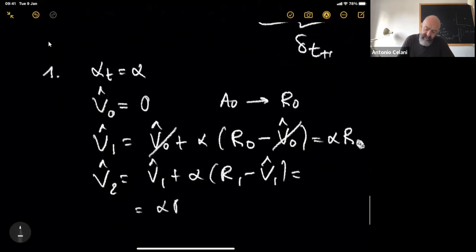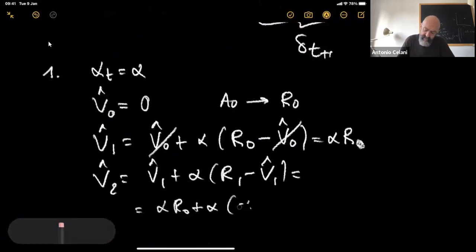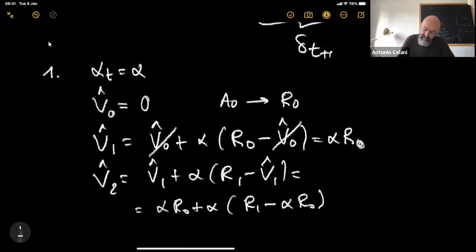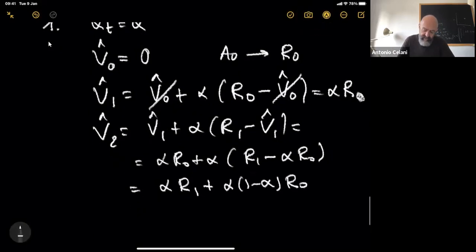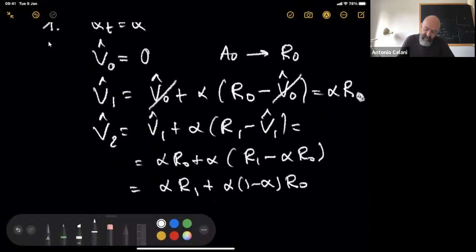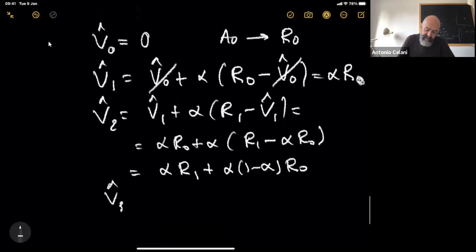And this becomes alpha R0 plus alpha R1 minus alpha R0, which I can expand to see that it becomes alpha R1 plus alpha times 1 minus alpha times R0. Let's do another one, just for the sake of being explicit. But you start seeing the pattern, I hope. And then it means that I have to use v2 here.